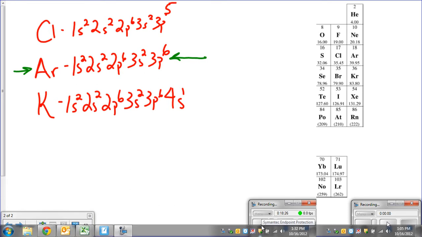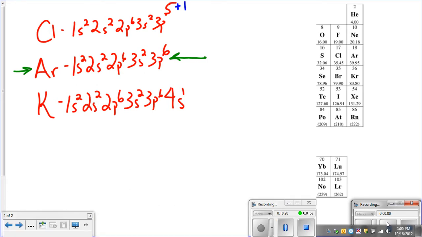If chlorine adds 1 electron to its outermost orbital, and by adding an electron becomes negative, what we call an anion. If it adds that 1 electron to that 3p orbital, it can become stable. It's much, much, much more stable than an atom of neutral chlorine.